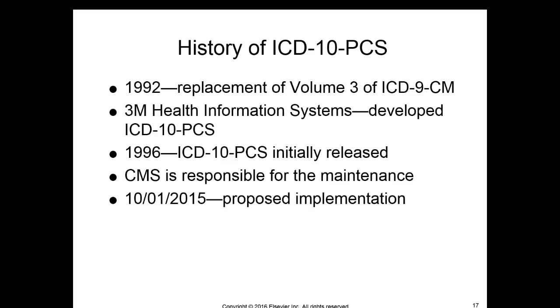The index and the tabular, we have those in ICD-10, but volume 3 of ICD-9 was the index and the tabular for procedures. In ICD-10, in the procedural coding system, we have a very different format. ICD-9 procedures were very similar to the diagnosis codes, but in ICD-10 they are very different. In your book it has the structure with more detail about these, which you can certainly look at.